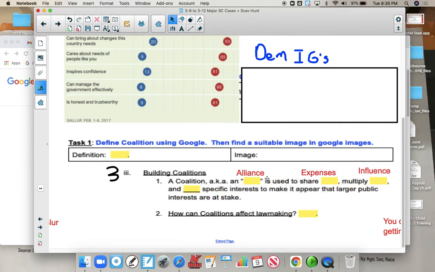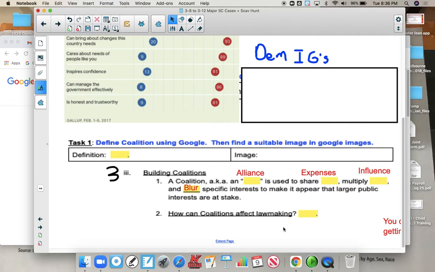So if we gather in these alliances, we can share extreme costs, and we can multiply our influence, but we can also blur specific interests and make it appear that we are really for a larger good, let's say for all males or for all females, when we have a very specific agenda, whether it might be raising the minimum wage for everybody, or raising the wages for women in the workplace. We may support more democratic ideas.